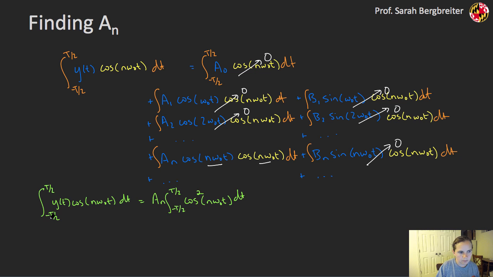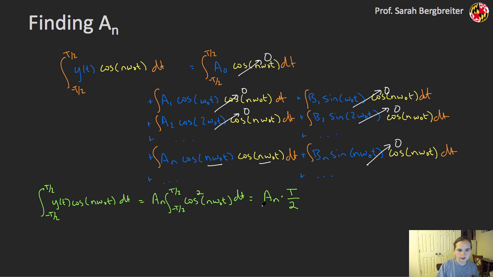Right, so I end up with the integral from minus T over 2 to T over 2 of y of t cosine n omega naught t is equal to, I pulled a_n outside of here, so once again my limits are over that period, cosine squared n omega naught t dt, and if you remember correctly, this is going to give us a_n times T, our period, divided by 2.